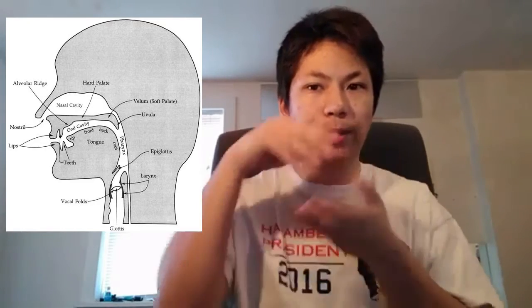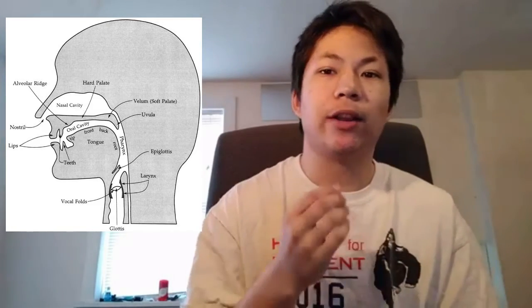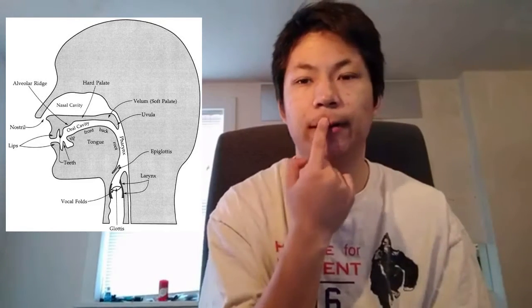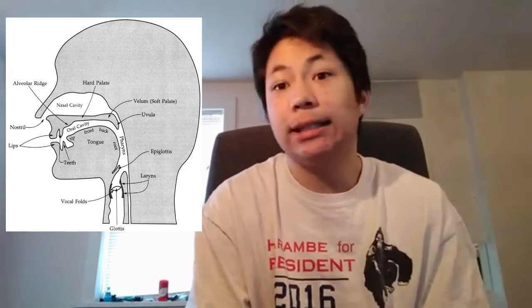Labiodental is when you connect the bottom lip to your top teeth, like f or v. To my knowledge, there isn't any sound where you move your front lip to your bottom teeth, but it's possible.